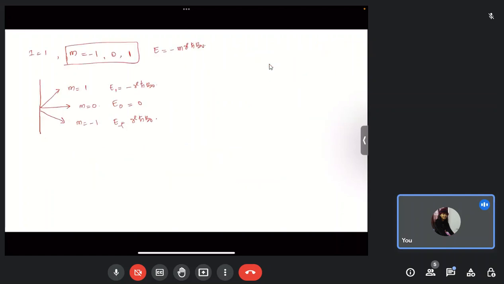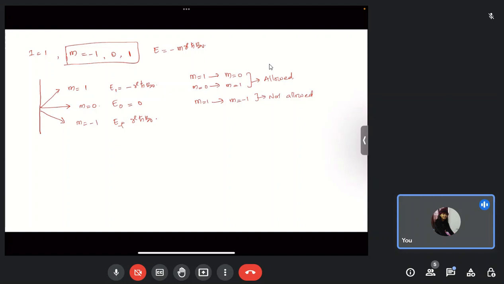So in case of a spin 1 system, we can go from M is equal to 1 to M is equal to 0, and from M is equal to 0 to M is equal to minus 1, but M is equal to 1 to M is equal to minus 1 is not allowed. So this is how the energy level diagram of a spin 1 nucleus looks.